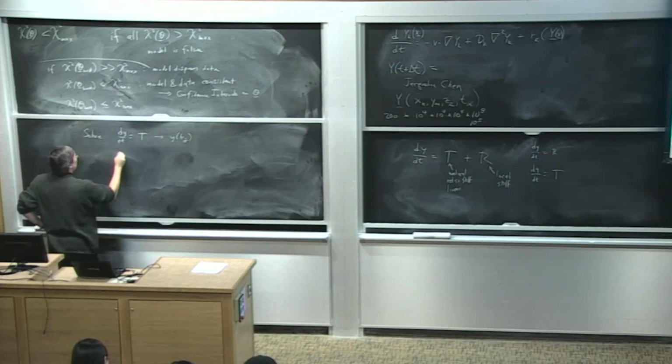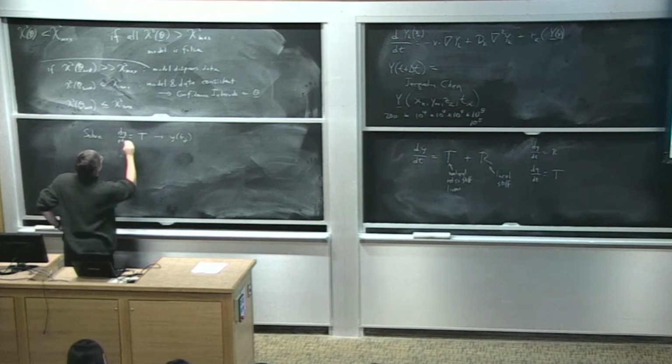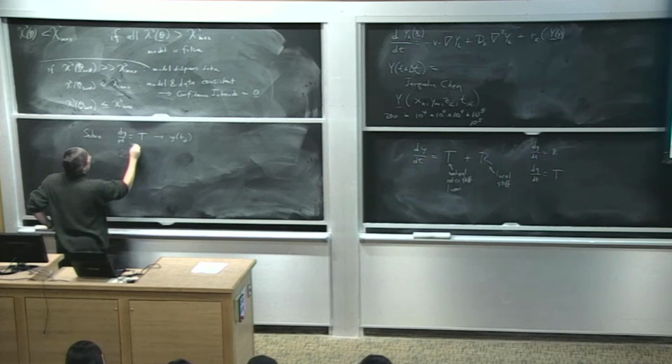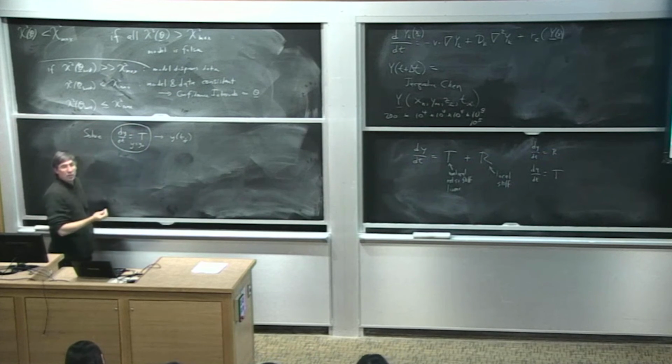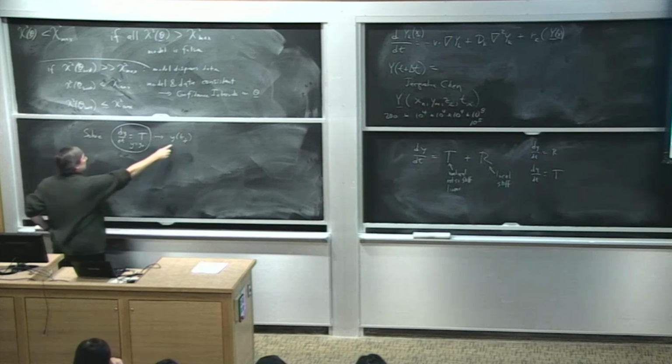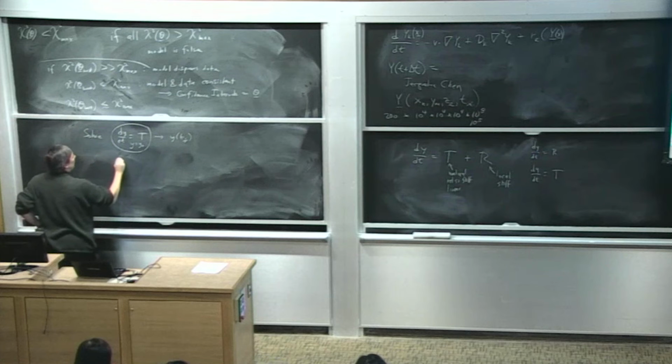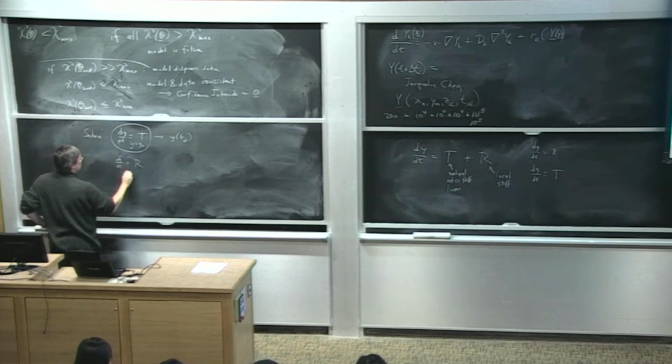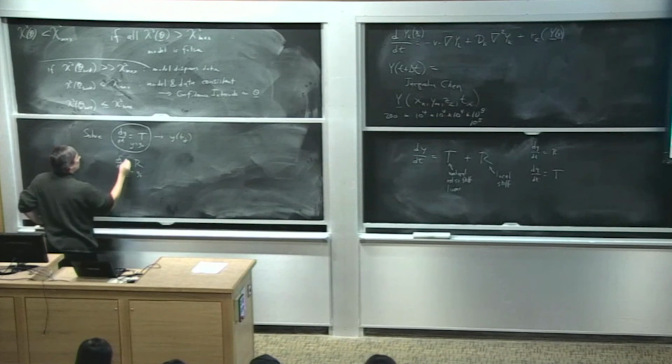I'll solve this equation with y equals y naught. That's the equation system I'm solving, the transport. I do some transport for a while, I get some values of y. Then I take these and I solve the reaction equation starting from y equals y final. How to write this? y of t0.